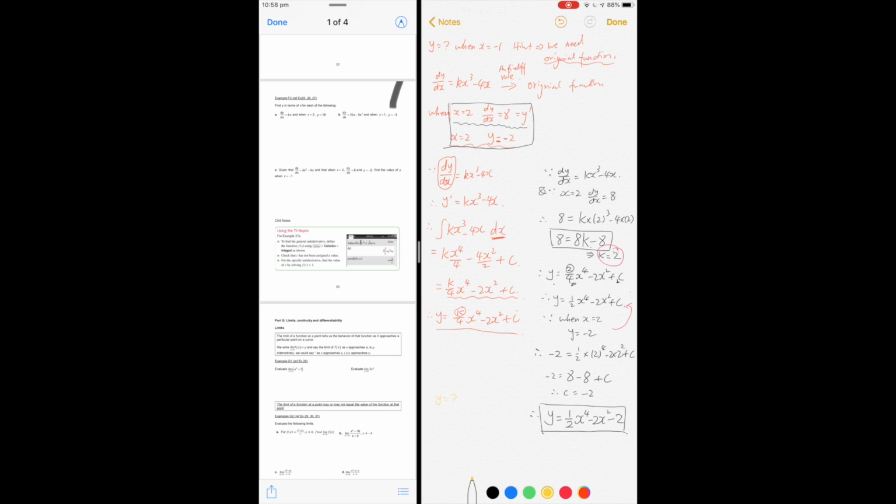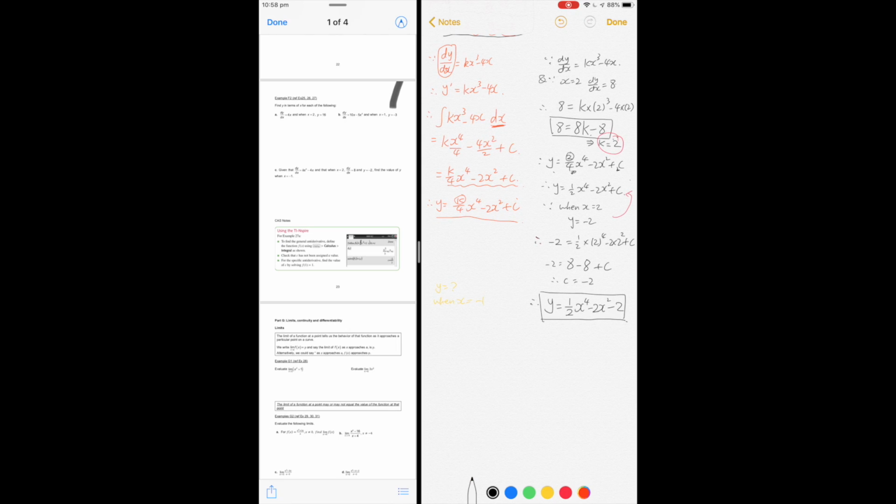The question is asking what the y value is when x is equal to negative 1. So all we need to do is apply x equal to negative 1 to this function. So y is equal to half of negative 1 to the power 4 minus 2 times negative 1 to the power of 2 minus 2, which is half times 1 minus 2 times 1 minus 2, so half minus 2 minus 2, that will be negative 3.5.